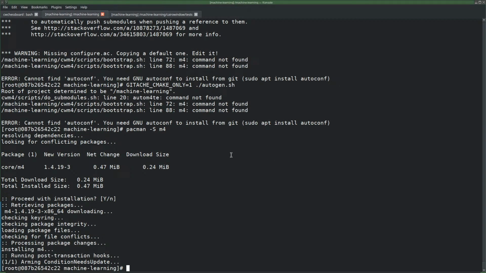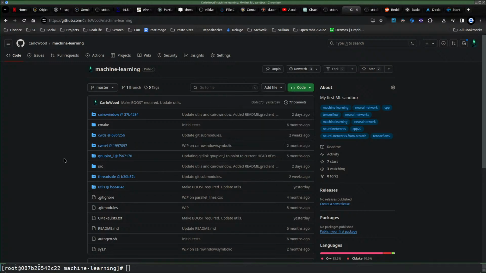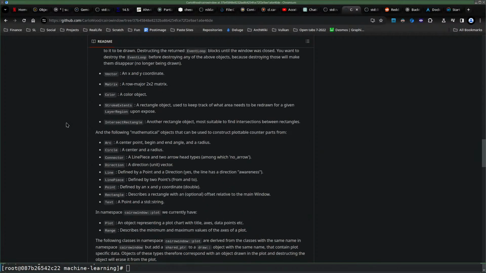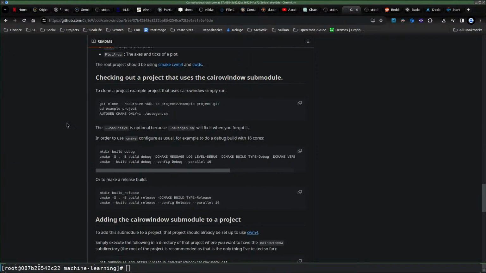Why is it trying to run automake when I try this? Maybe I just don't have the right environment variable. Oh, it's autogen.